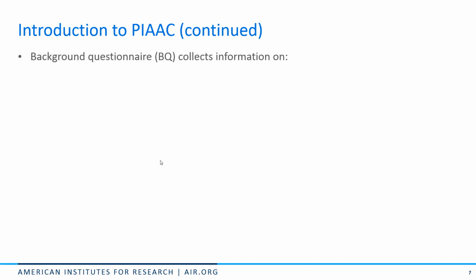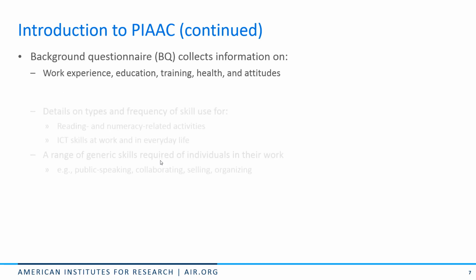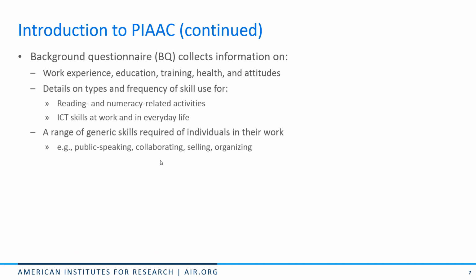In addition to the cognitive assessment, PIAAC includes an extensive background questionnaire survey, or BQ, that collects information on a wide range of topics, including work, education, and training experiences, as well as skill use at work and in everyday life.